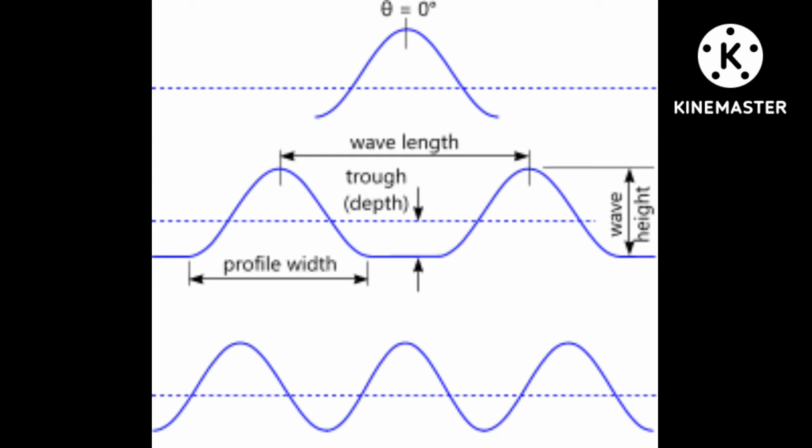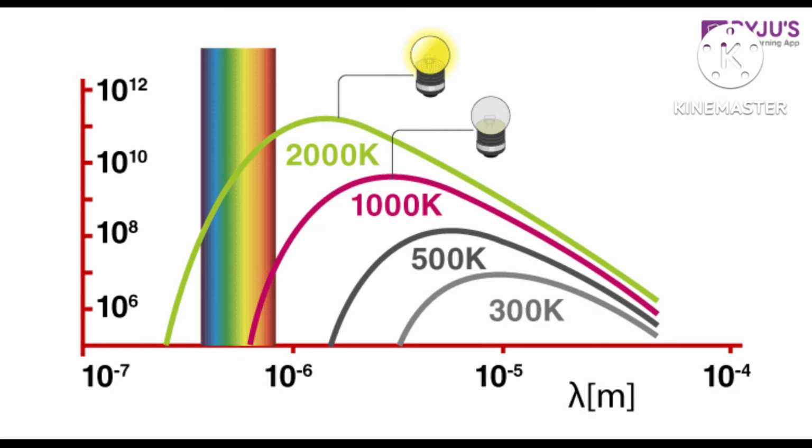At a given temperature, intensity of radiation emitted increases with decrease of wavelength, reaches a maximum value at a given wavelength and then starts decreasing with further decrease of wavelength.